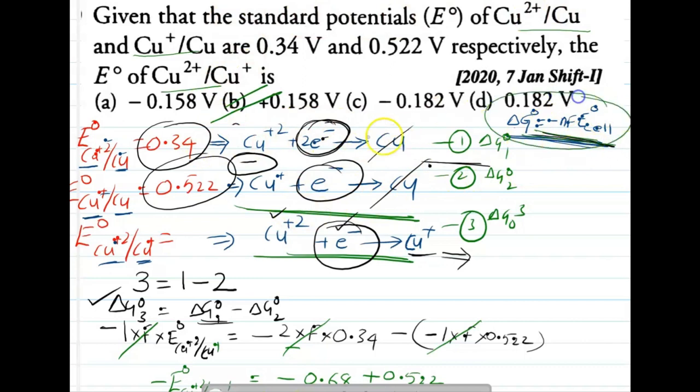You need to use delta G naught and write the equations. Whichever equation is being asked, you need to obtain it using the other two, either 1 plus 2, 1 plus 3, 1 minus 2, or sometimes 2 minus 1. Then just apply the delta G naughts and solve it. So we'll take up our next question.